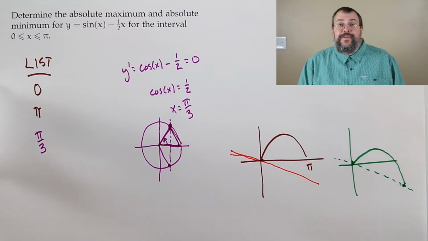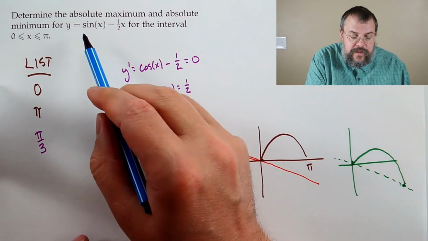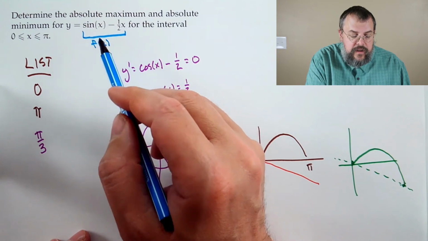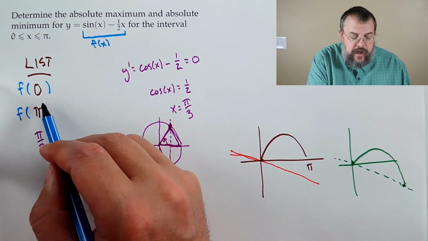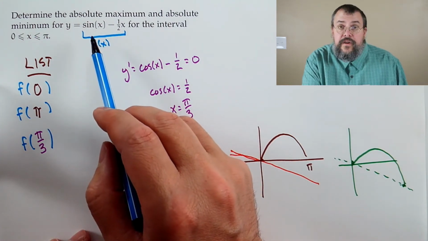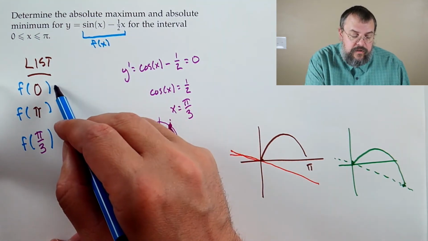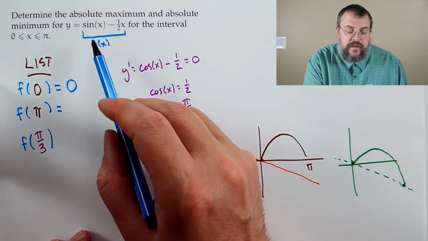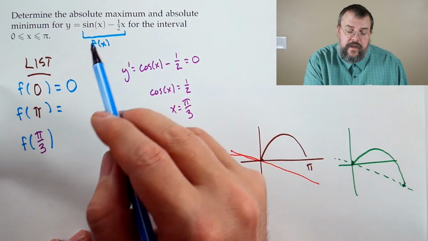So the next thing for us to do is plug these into our function. Let's call our function f of x for shorthand. I want to know what is f at 0, f at pi, and f at pi thirds. Well, sine of 0 is 0, 1/2 times 0 is 0, so we get 0. For f of pi, sine of pi is 0, and 1/2 pi is 1/2 pi.